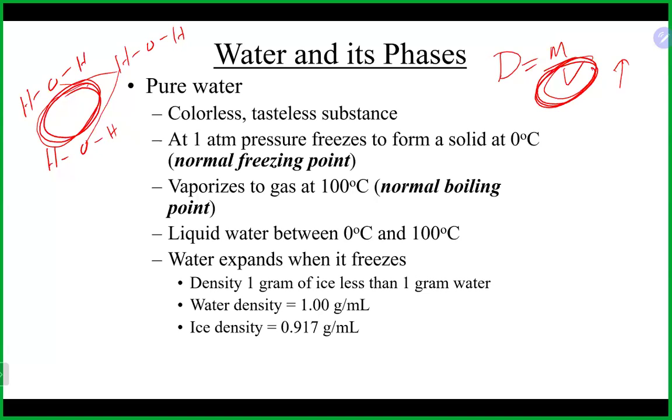So the density decreases, and we end up seeing that ice, for example, has a density of 0.917 versus our standard density value for water, which is 1.00 grams per milliliter. So that's a very unusual property, and it is a combination of them not having as much energy and also what holds them together, which is hydrogen bonding, a really strong attraction force between the water molecules.